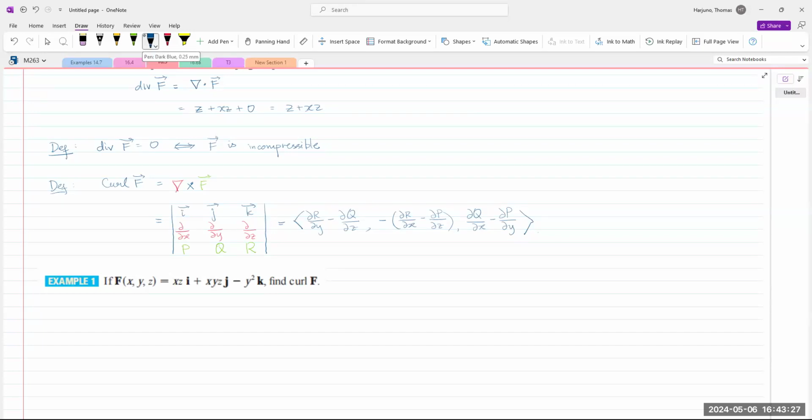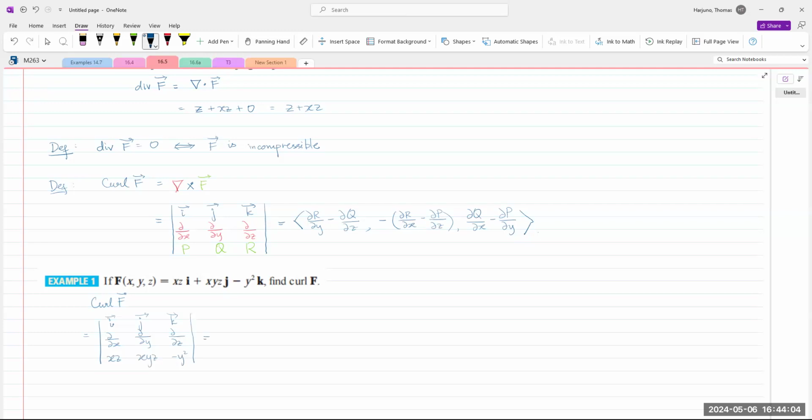Now, so let's see. So the curl of F is equal to the determinant with i, j, k on the top, dou x, dou y, dou z in the second row, and then the third row is the vector field components: xz, xyz, negative y squared.